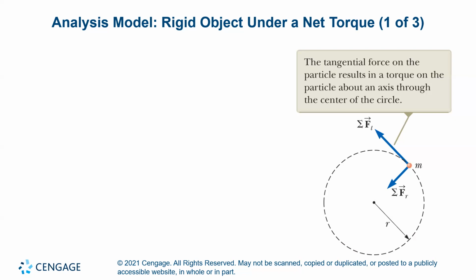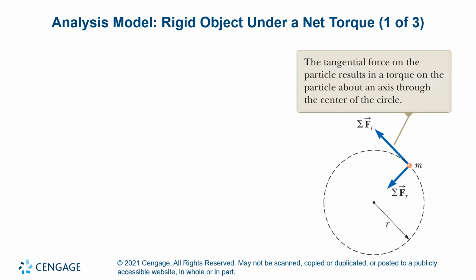Whereas the tangential component, the summation of F sub t, is the force that produces the torque that allows the mass to accelerate.